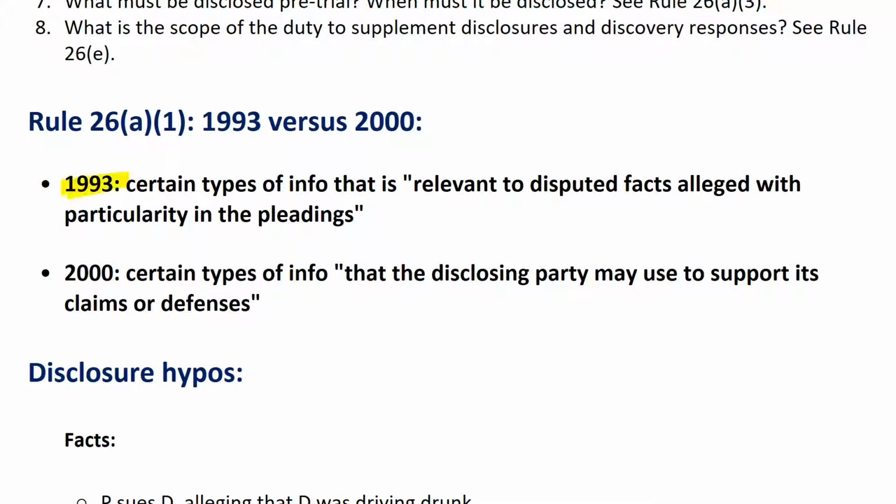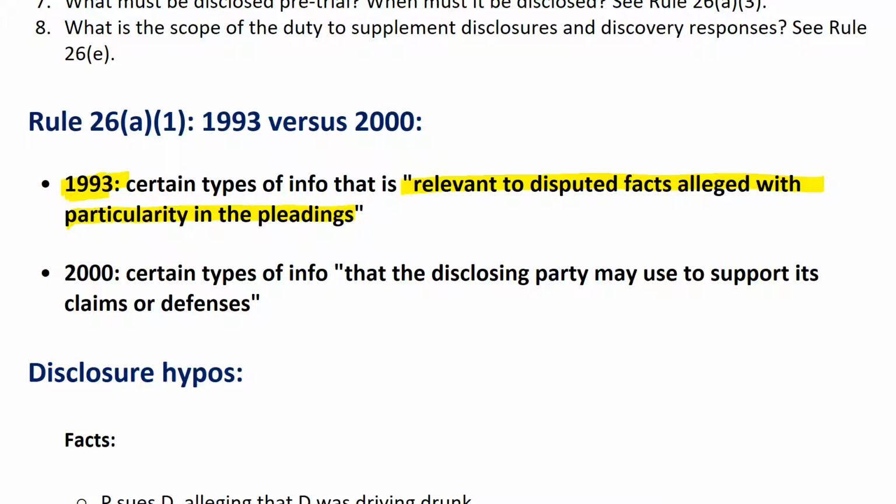They used to be, in 1993, disclosure of those categories of information that is relevant to disputed facts alleged with particularity in the pleadings. Okay, that could be any facts, whether they're claims, defenses, denials of an alleged fact, as long as it was alleged with particularity, there would have to be disclosure on that material.